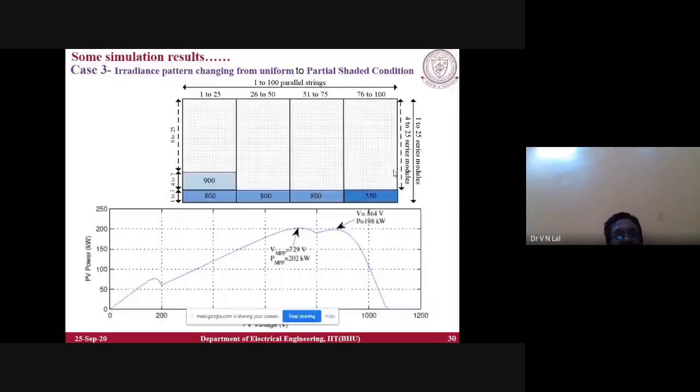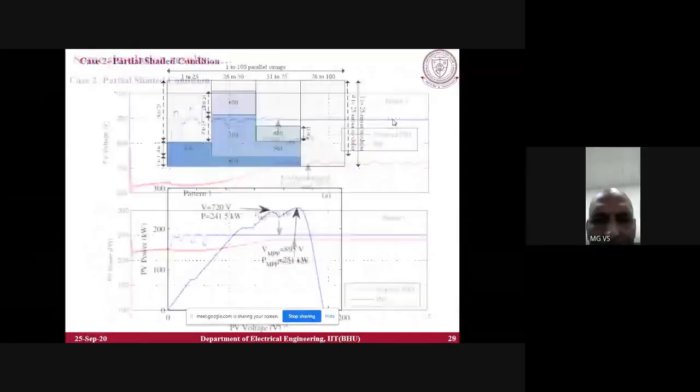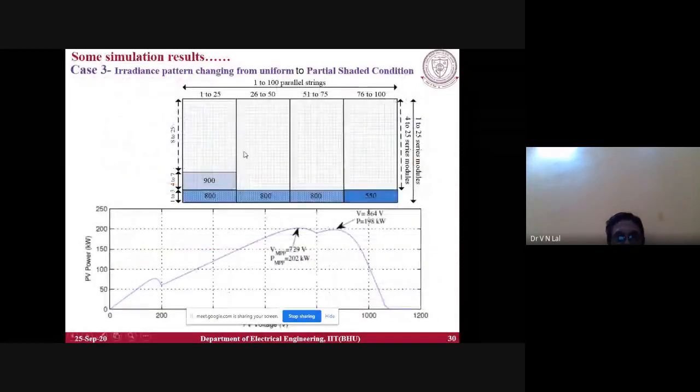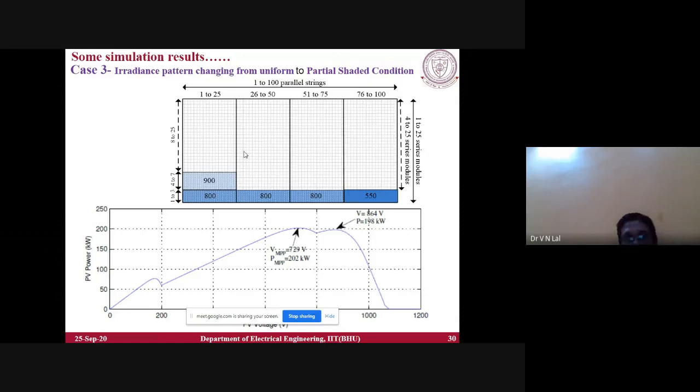When the irradiance pattern changes from uniform to partial shaded condition. In the previous case there was no initial condition; initially it was 650 volt. But here in this case, initially uniform irradiance was there, and all of a sudden the partial shaded condition comes into the picture.